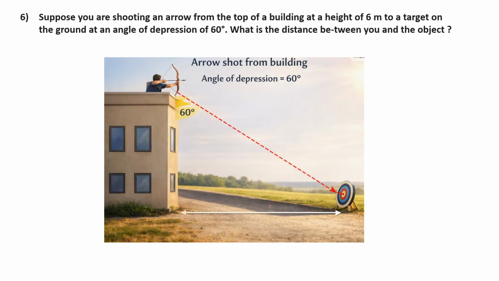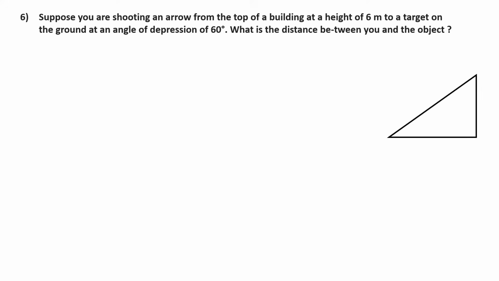We'll take an imaginary diagram like this. Here I have drawn a triangle named A, B and C. Now BC is the building which he gave in the question at a height of 6 meters, with a target on the ground at an angle of depression of 60 degrees.